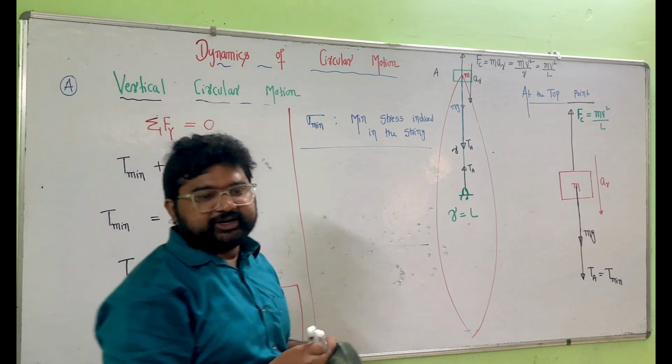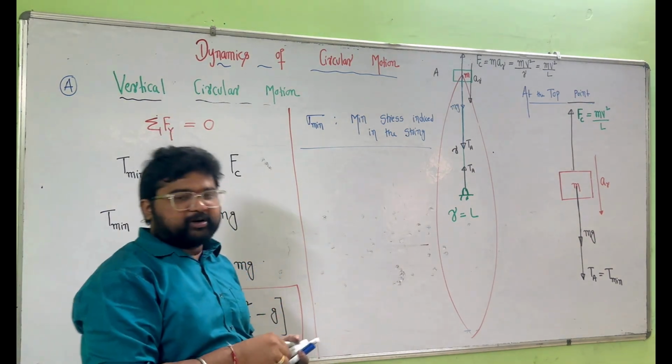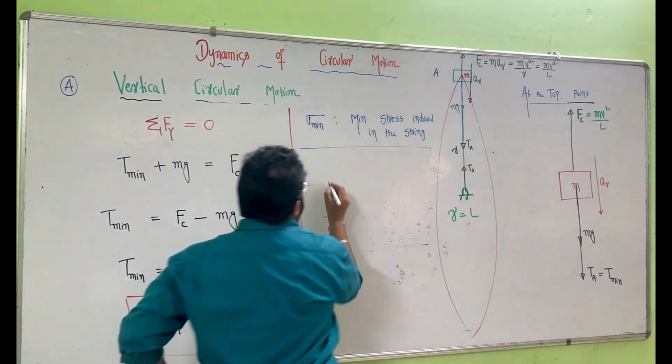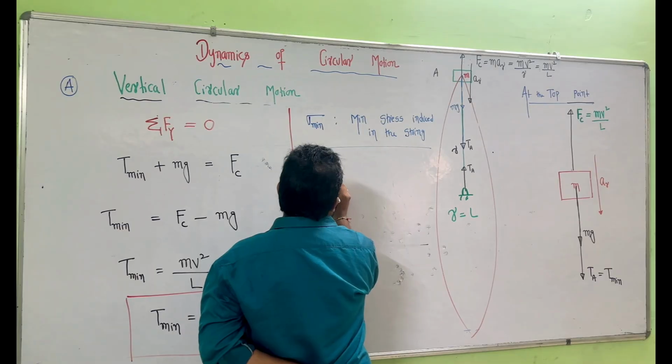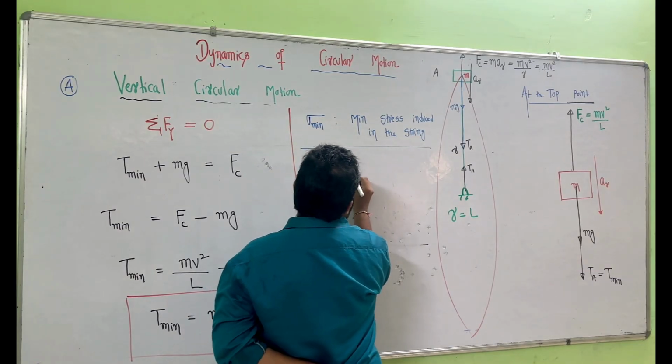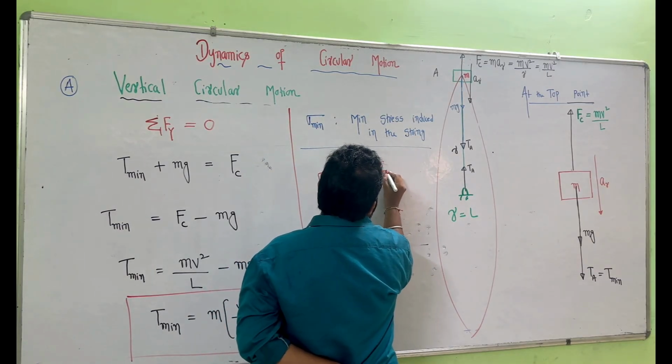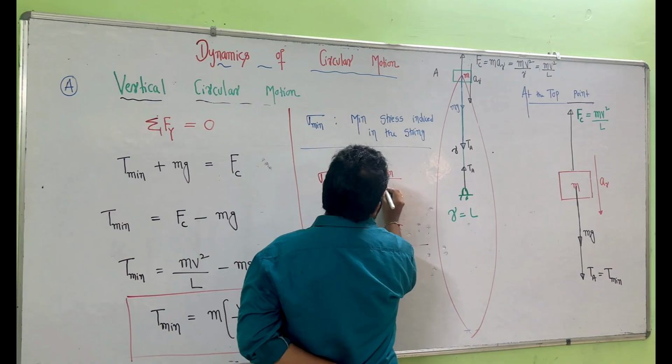So minimum stress induced when the point mass is at the topmost point. Sigma minimum is the stress induced, that is T minimum by the corresponding area.